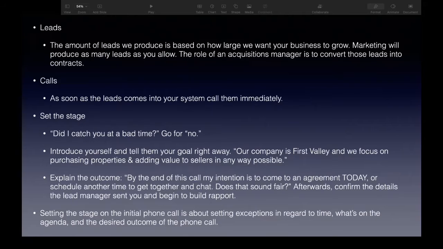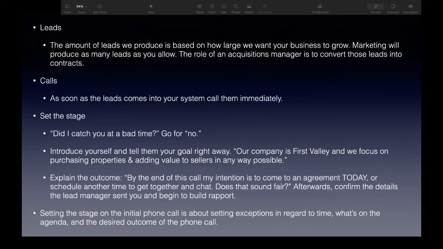Just a little bit of backstory: when somebody doesn't know you, when somebody doesn't trust you, they want to tell you no. So when we set the stage, we're not going to go for a yes, we're going to go for the no. And the main way to get to that no, and I'm going to say script a lot in this, is to ask them if you caught them at a bad time. Subconsciously, they're going to be like, who's this? I'm under threat. I don't know what's going on. I want to tell them no. And we're going to give them a reason to tell us no.